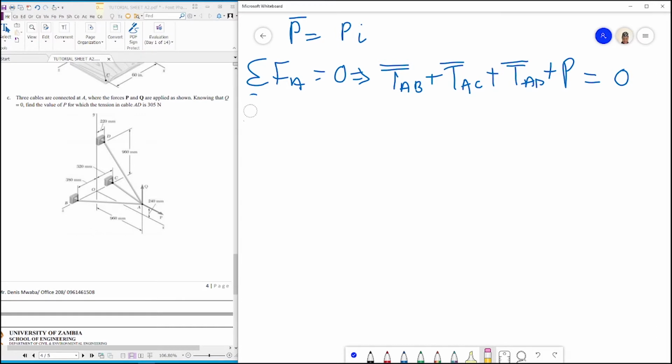So position vector for A, RA is equal to 960i, that is in the X, and then in the Y there is 240, so plus 240j, and then in the Z there is nothing.